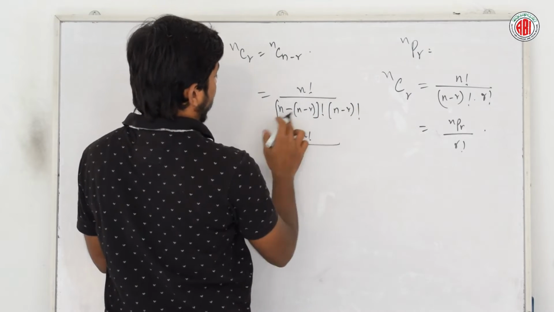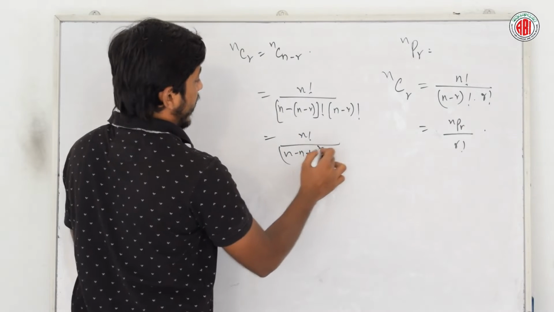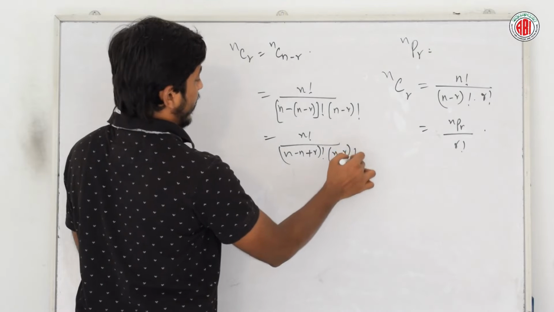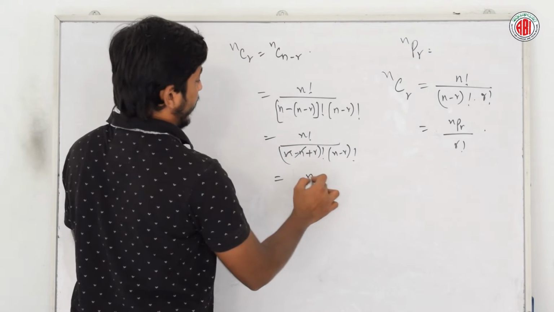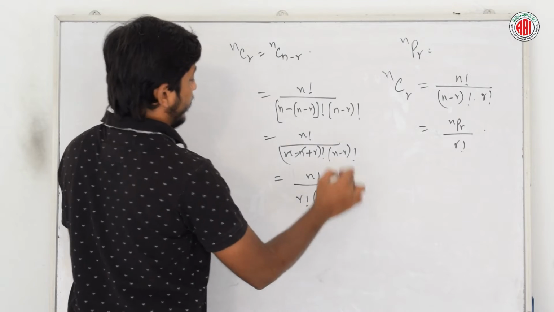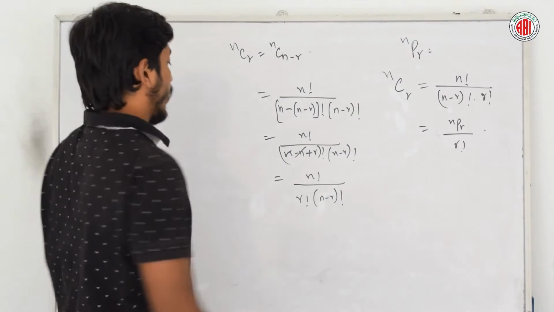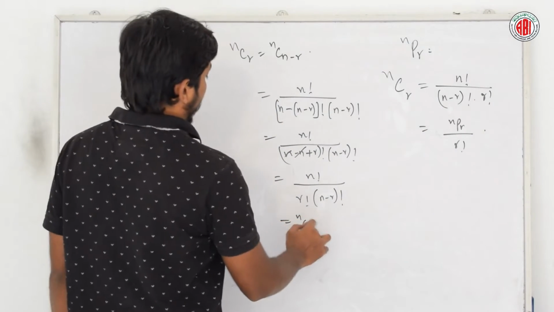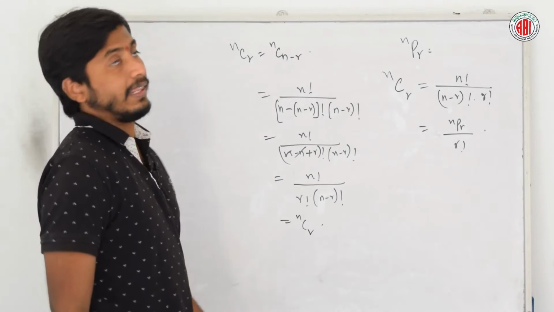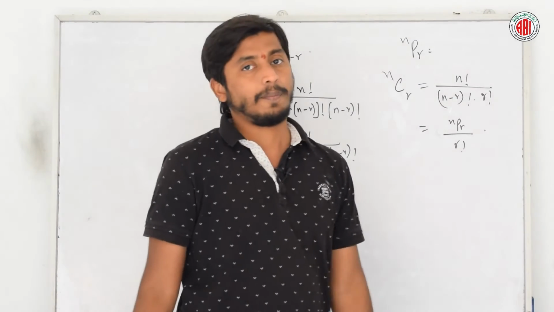That is n factorial by (n minus r) factorial into r factorial. N will get cancelled, it will be n factorial by r factorial into (n minus r) factorial. Is this formula the same as nCr? So obviously this is nothing but nCr.